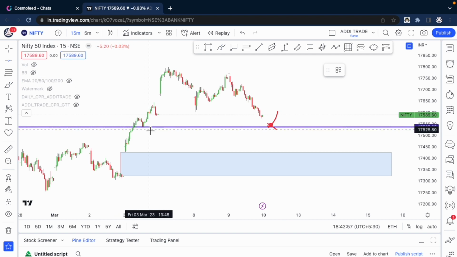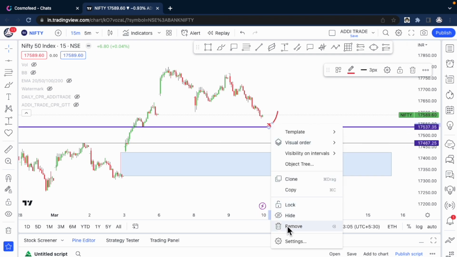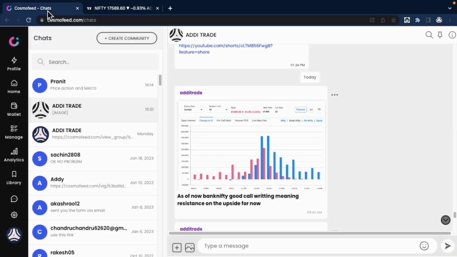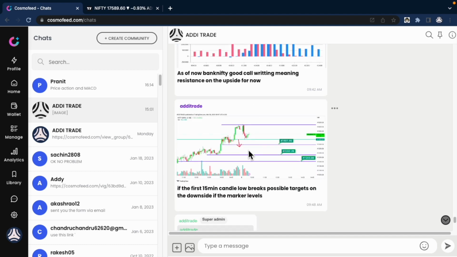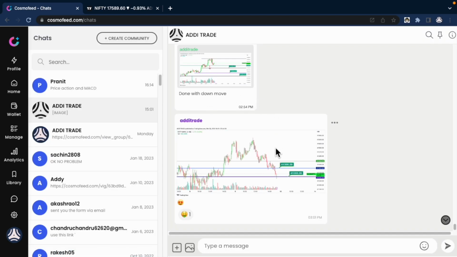Before that, we have this level where the price can take some sort of a support at 17,460. So these are the levels that we have for Nifty and Bank Nifty, and we had all these levels marked from the morning, and most of it did hit. We got this nice bounce and then our target hit, so our view kind of worked for the day.